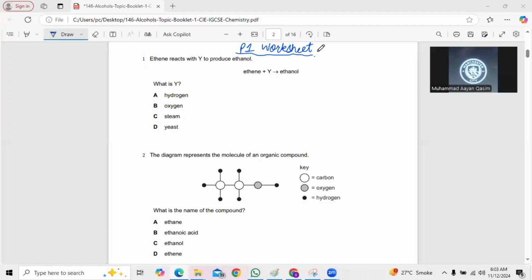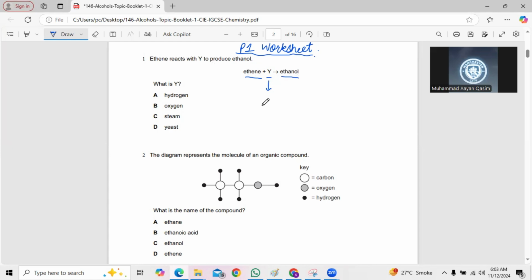Ethene reacts with Y to produce ethanol. So this is ethene, and it's going to react with some compound and form ethanol. So what is Y?